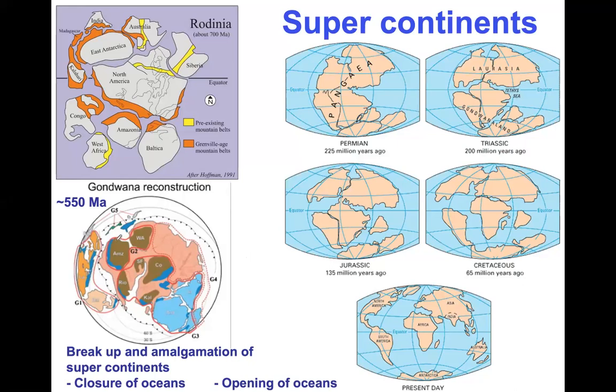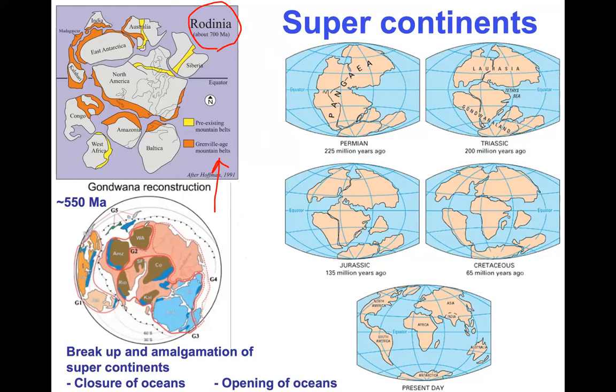So this is actually Gondwana, but before Gondwana there was another supercontinent. That's what you call Rodinia. The name of that supercontinent is Rodinia. Okay, so that supercontinent existed about 700 million years ago.